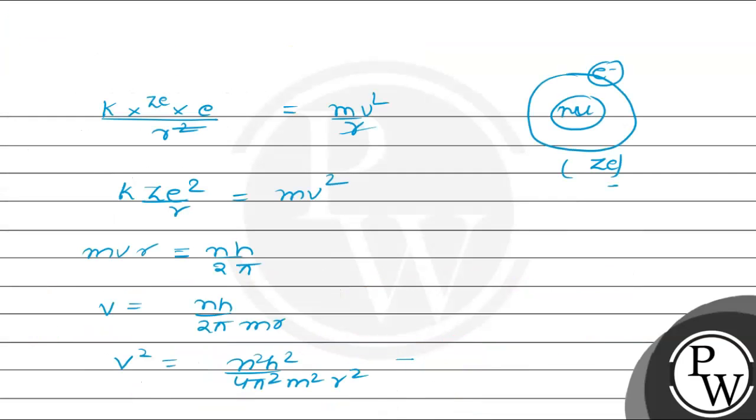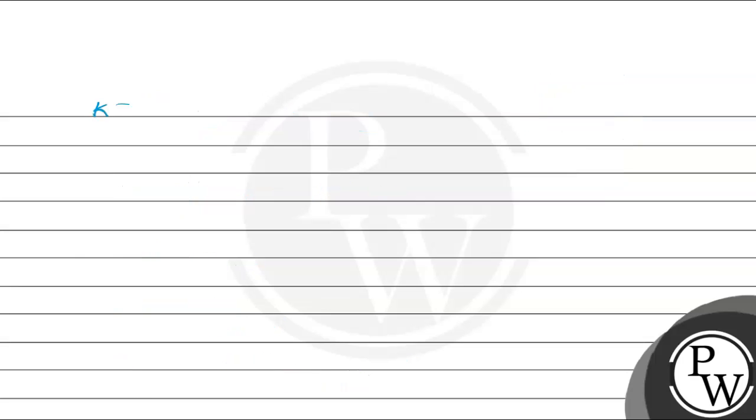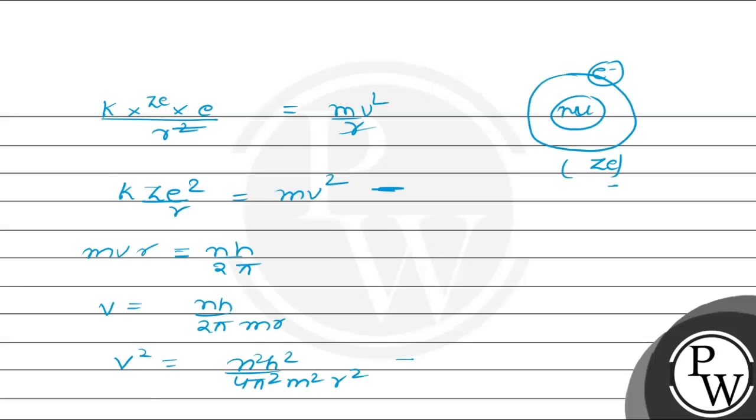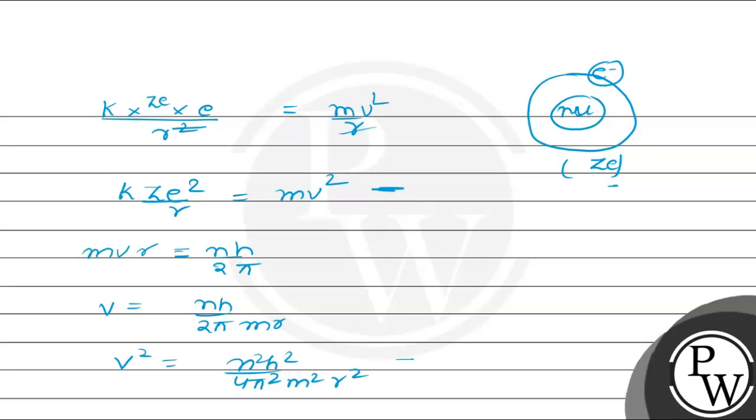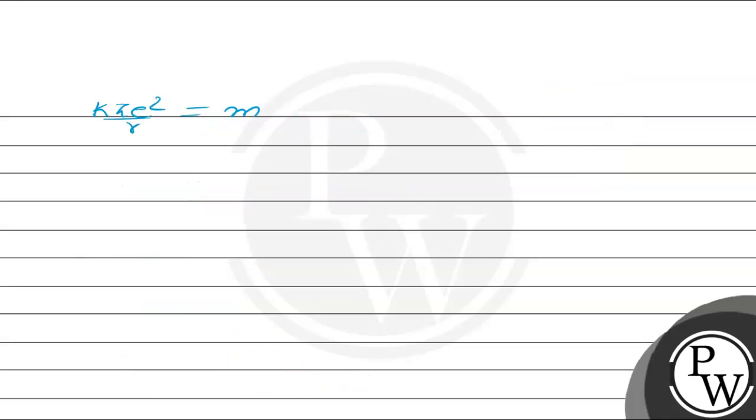So students, substituting the value of v square in this equation, kZe square upon r must be equal to m into v square. Again, one r will cancel out one r from the square term.